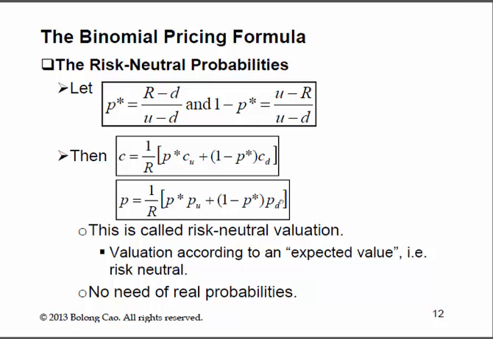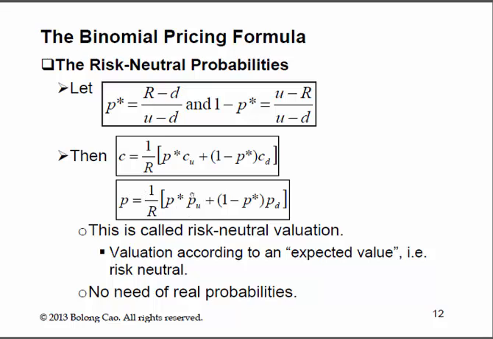Again, this is the expected put payoff at expiration, and then you discount at the risk-free rate. You will get the put premium. So we have the binomial pricing formula for the put option.